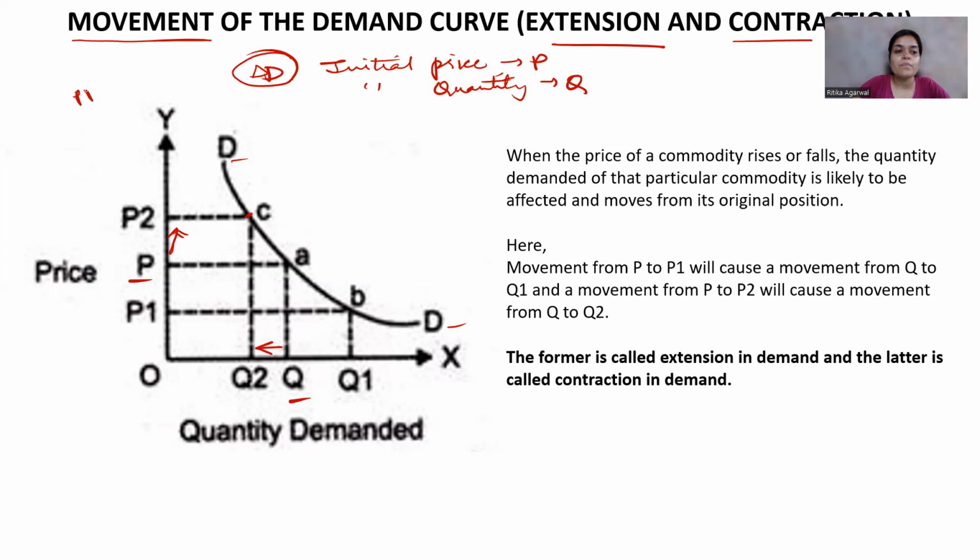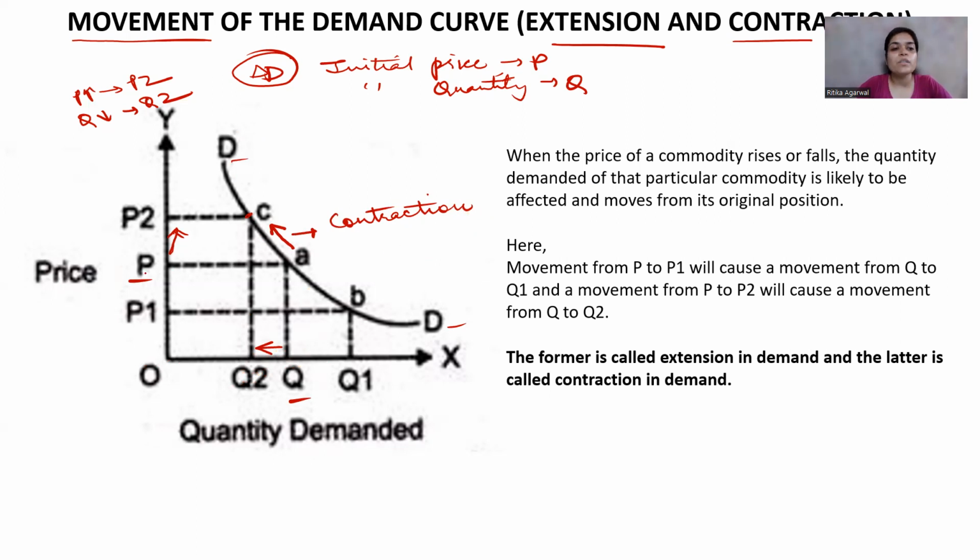That means when price increased from P to P2, quantity demanded decreased from Q to Q2. So what is the movement? It is the movement from A to C. This is called contraction in demand. Why is it called contraction? You will figure out that there is a decrease in the quantity demanded of a commodity. So we'll call this contraction.